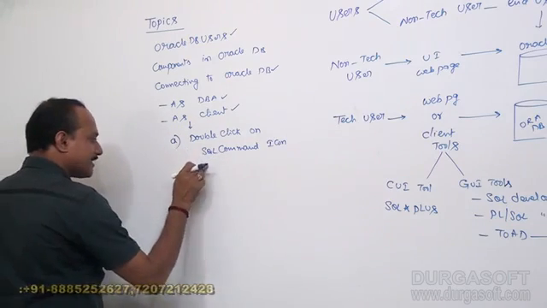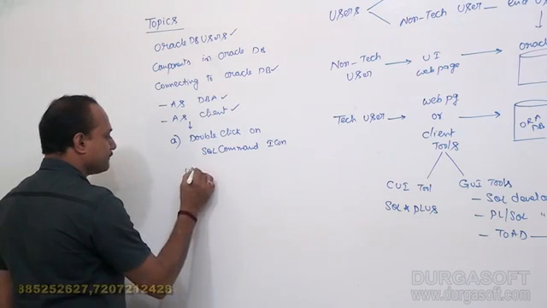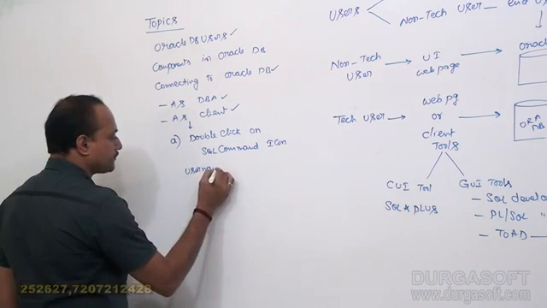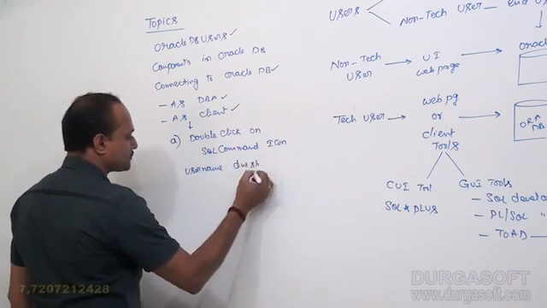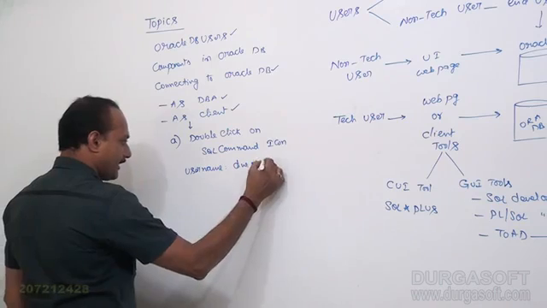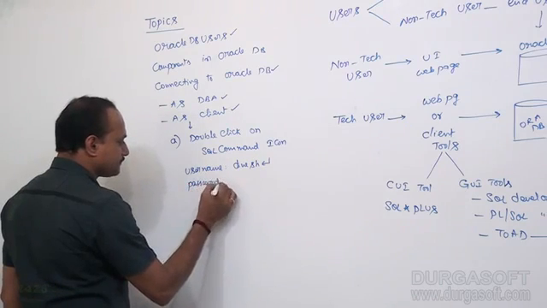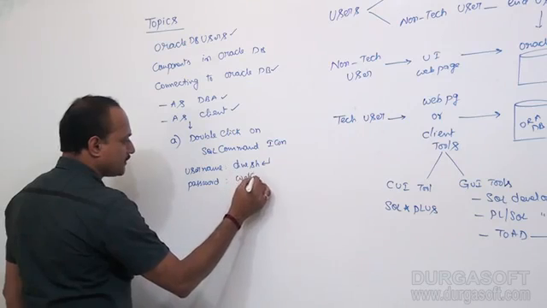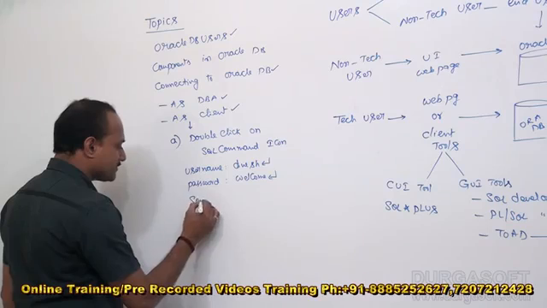In the SQL*Plus window, you need to submit a username. So it will prompt you for the username. Here I am submitting Dinesh. Next, hit enter. Next, submit the password. What is my password? Welcome. Hit enter. Then it will display SQL>.